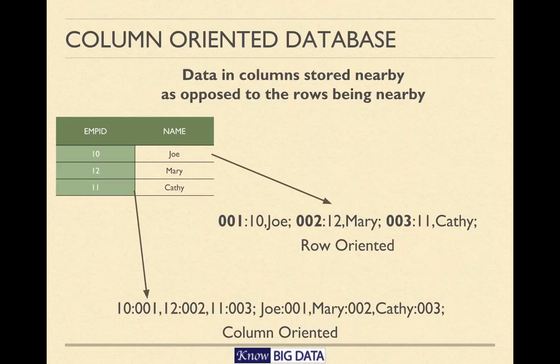For example, say this column contains the key notes, the musical notes of a music, sa re ga ma pa. When you take out sa re ga ma pa, you could replace sa with a symbol, re with some other symbol, and so on. And effectively, you'll be able to compress it to a very high level.